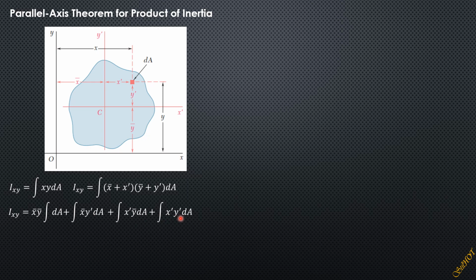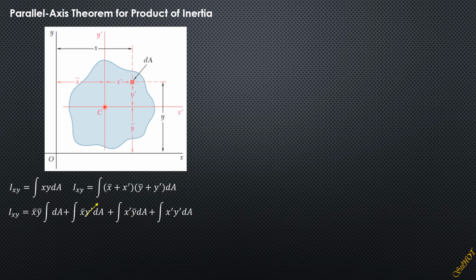Then the integral of x prime y prime dA, because it is referred to c, is simply the centroidal product of inertia, which is equal to I barred xy, or I sub c xy. The other two terms are 0 because the integral of y prime dA is area times y sub c, and y sub c is 0, and the integral of x prime dA is area times x sub c, and x sub c is 0 also.